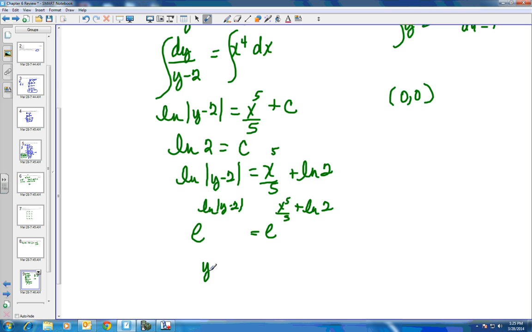So I have y minus 2 equals e to the x to the 5th over 5, multiplied by what?